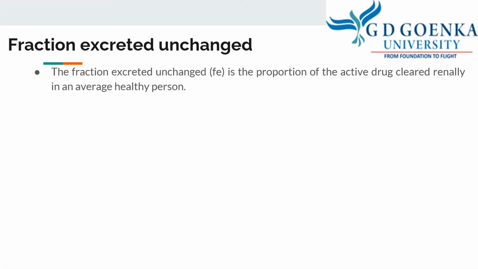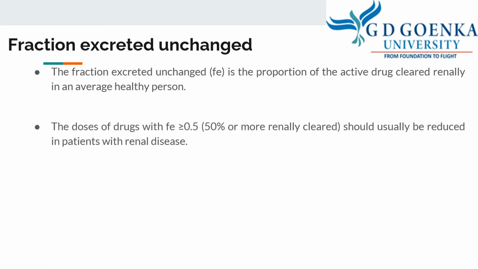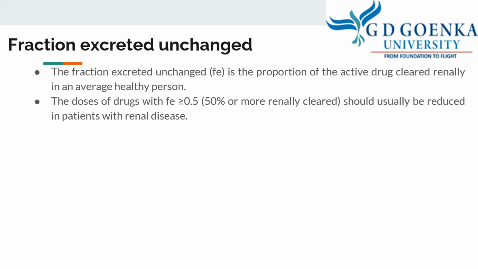Fraction excreted unchanged is a very important drug factor that is used for dosage calculation in case of renal impairment. The fraction excreted unchanged is the proportion of the active drug cleared renally in an average healthy person.